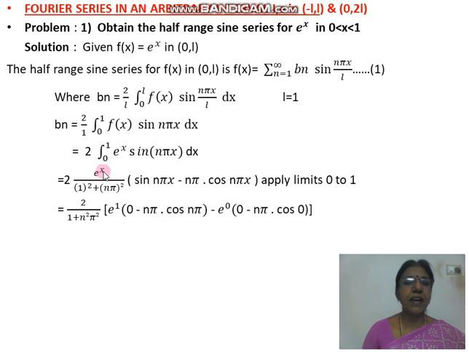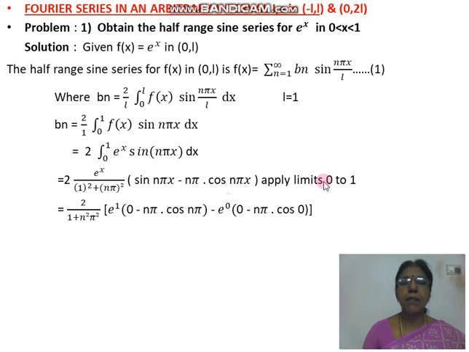E power 1 into sin n pi, which is 0, minus n pi into cos n pi. That means e power 1 into sin n pi is 0, minus n pi into cos n pi. First, e power 1 times sin n pi is 0, minus n pi cos n pi, multiplied by e power 1.